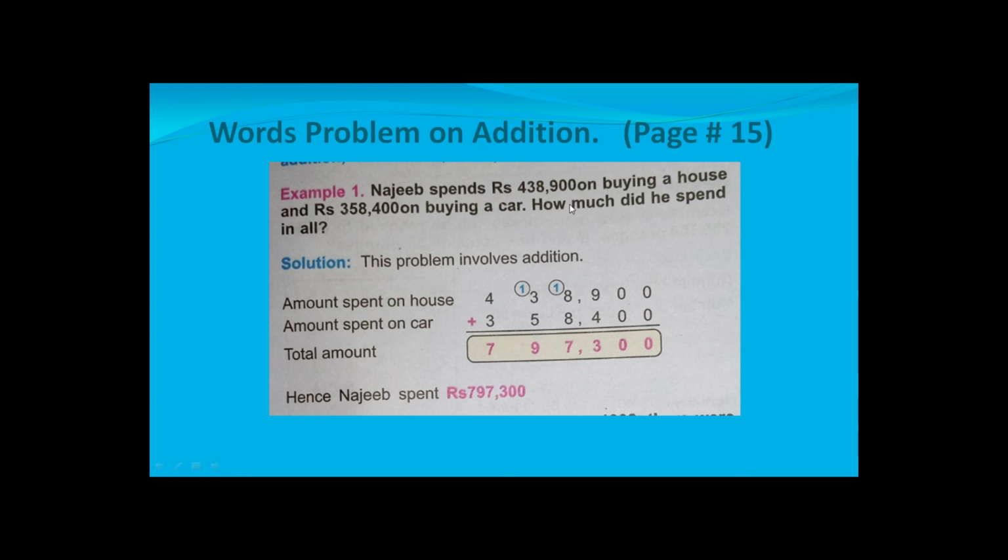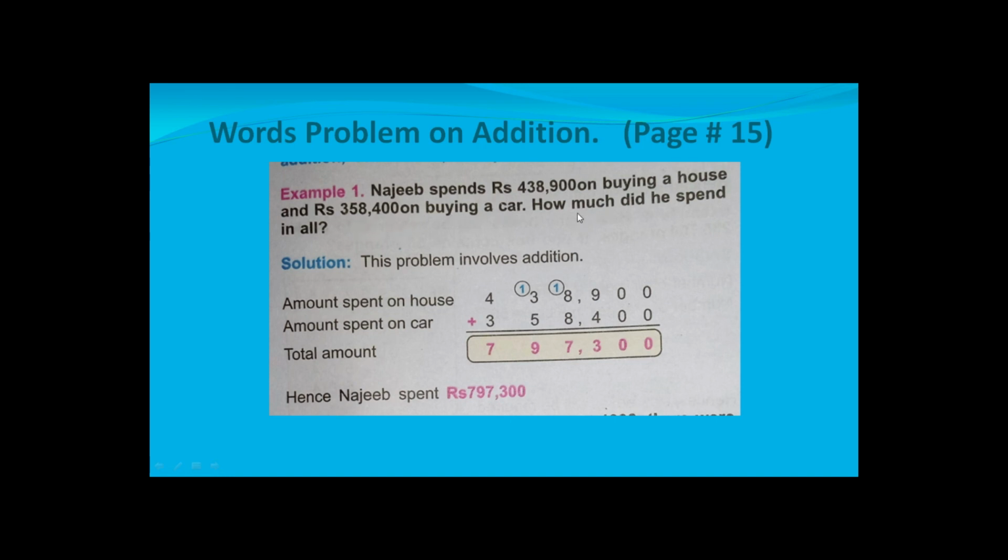Did you understand this statement? Najib is a person who is buying a house and a car. So he is spending this much money for buying his house and this much money for buying his car.